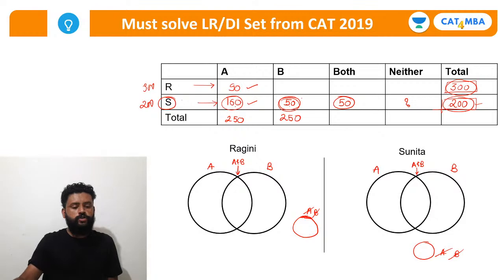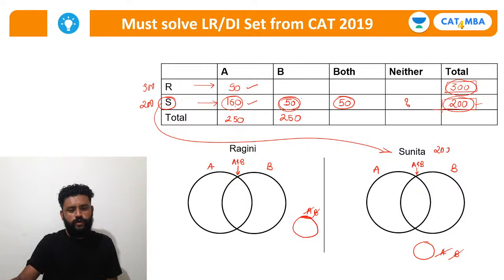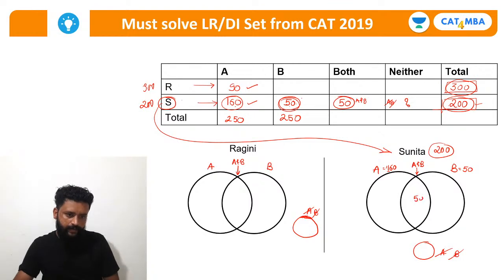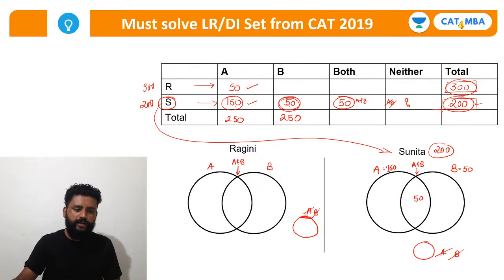Okay, that's great. So Nicole, now we come here. Look at this: Sunita is 200, a total of 200 people preferred Sunita, out of which 160 people supported proposal A and 50 people supported B. Are you getting this, Nicole? Okay. And those who have supported both A and B, this is neither A nor B. Okay, so this is 50. Now you know this complete circle is 50 and this common part is also 50.